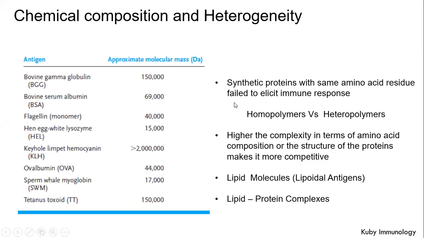And also chemical composition and heterogeneity. For example, you are looking here at specific antigen molecules. You see bovine gamma globulin, BGG, bovine serum albumin, BSA, flagellin, ovalbumin, tetanus toxin, TT. Try to understand the basics of our vaccination.